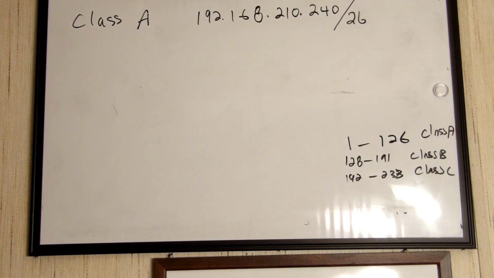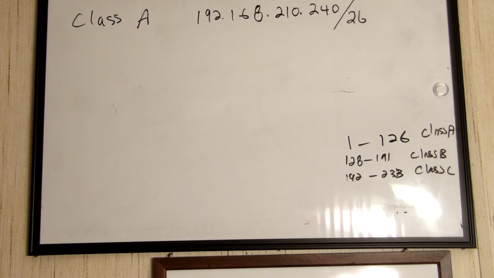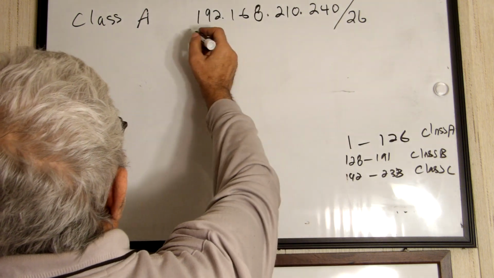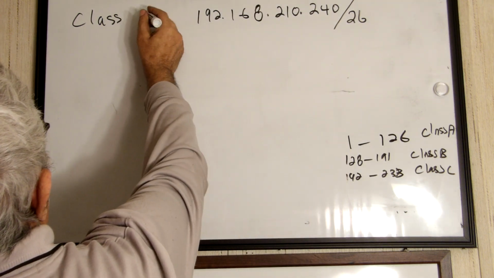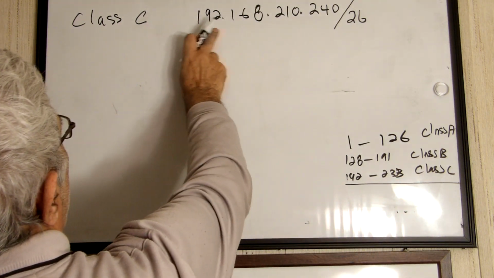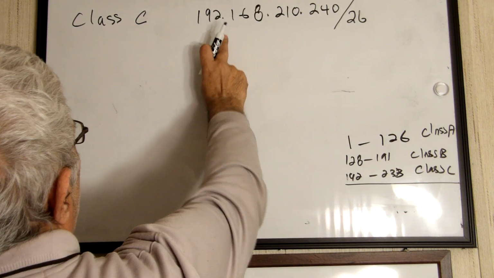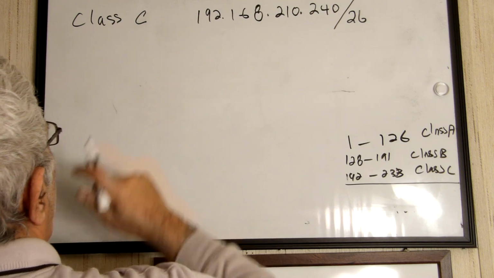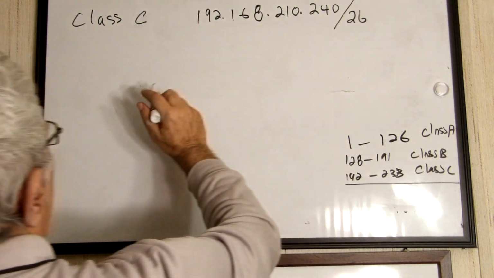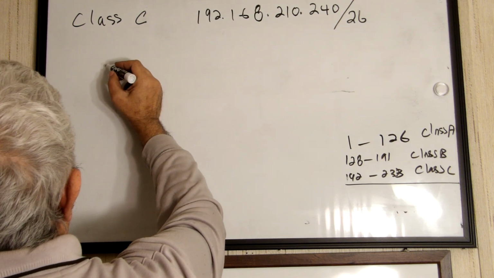It means that there are 26 ones. See, this is class C because it's from 192 to 223. Here, the first octet is 192. And what it means? It means 26 ones.